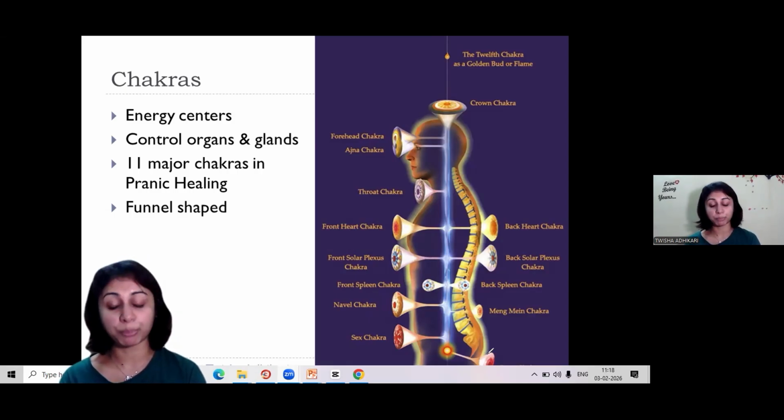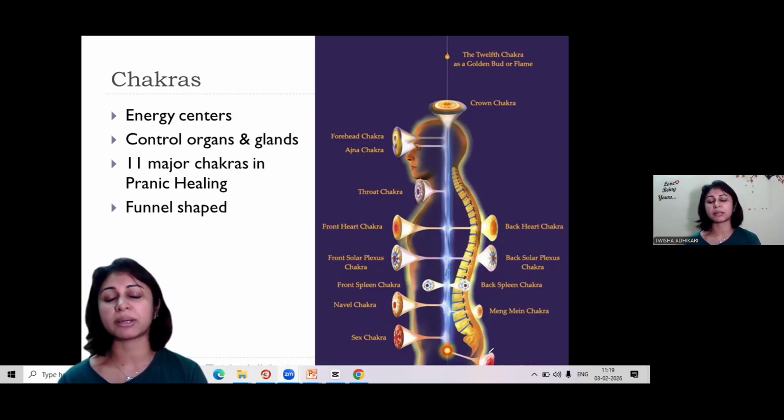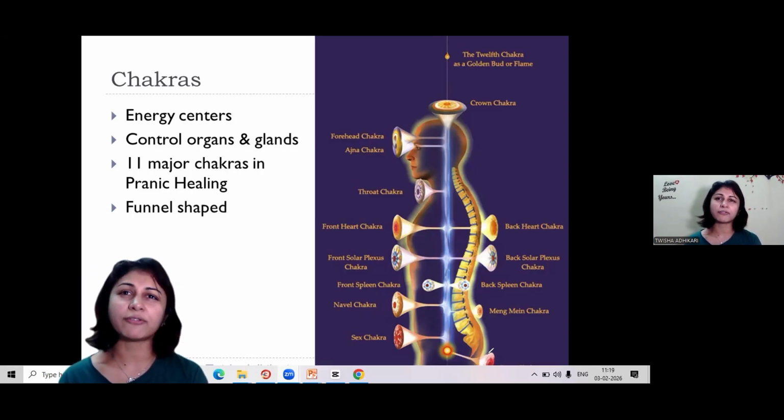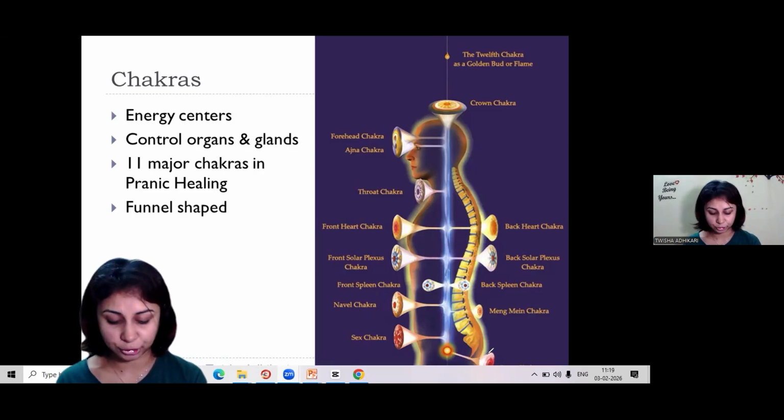Okay, they don't get sleep properly. And a person who has an underactive basic chakra becomes very sluggish. They might get depressed, and they are kind of out of touch with reality. So a person who has suicidal tendencies has a depleted basic chakra.